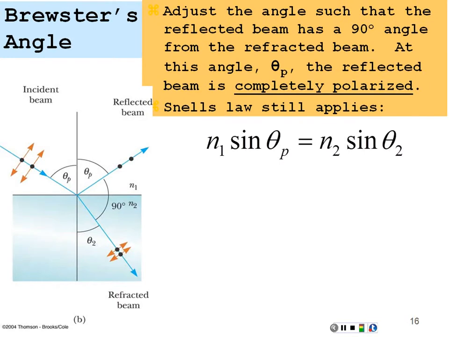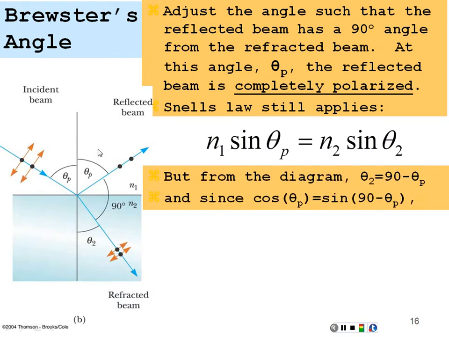But since there's a 90-degree angle between the reflected and refracted beam, if we look at the geometry of this diagram, 90 degrees between the reflected and refracted beam, that means theta 2 and theta polarizing, theta sub p, add up to 90 degrees. They are complementary. So theta 2 is equal to 90 minus theta sub p, and that means the sine of theta 2 equals the cosine of theta sub p.